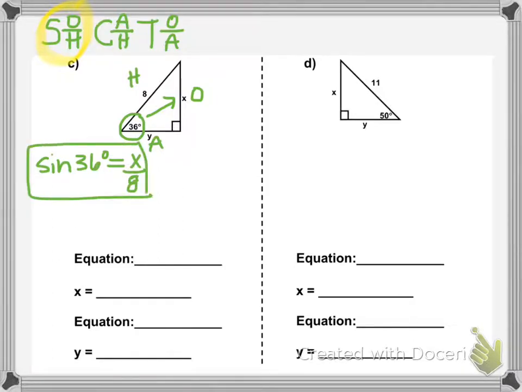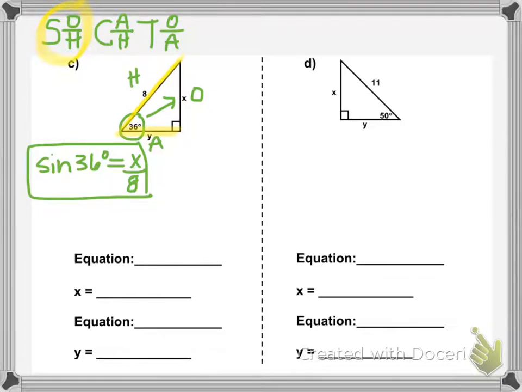I'm going to write my two equations first, and then I'll go ahead and solve them. For the equation for y, we're going to focus on the side that has y and also the side that we know the length of, the 8. So we're going to ignore the x now. So we have O and H. O and H is also so... so we're going to use sine again.